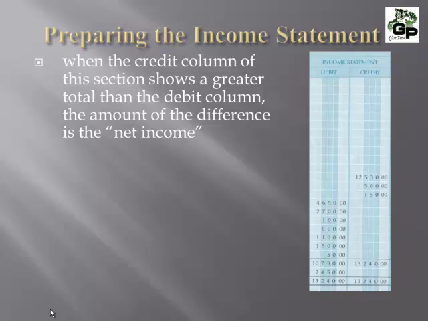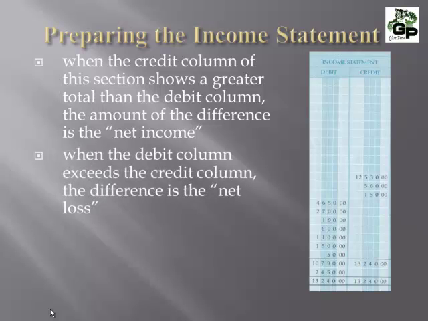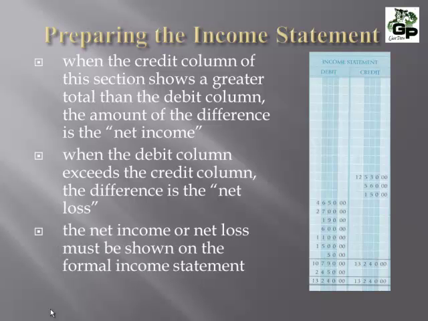We take a look at the debit column, we take a look at the credit column, and we determine that we have net income. If we have a greater debit column than we have a credit, then we have a net loss. The net income or the net loss must be shown on the formal income statement.